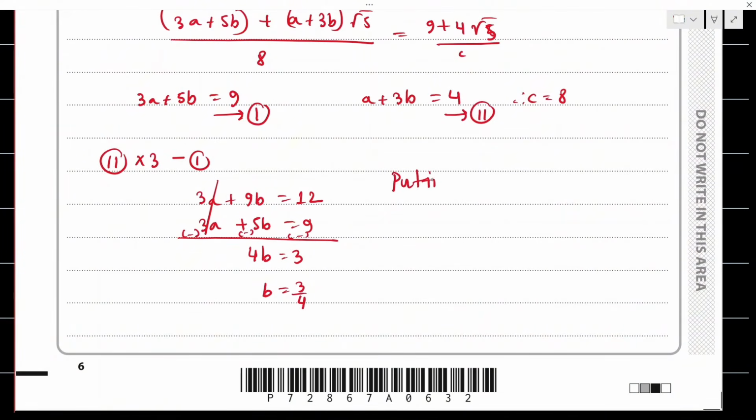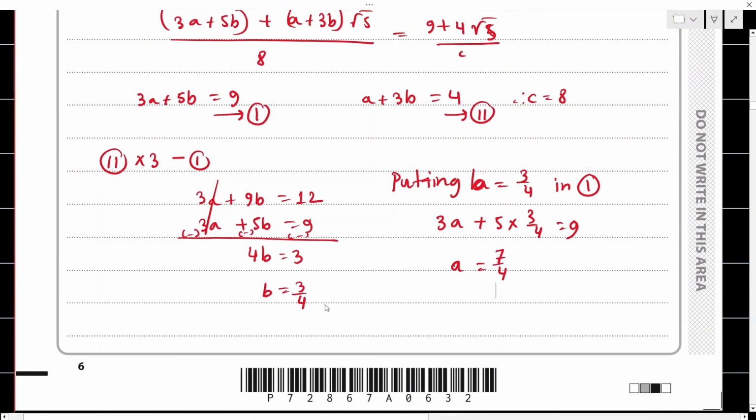We can use this to find the value of a. So 3a plus 5 into 3 by 4 is equal to 9, or a is equal to 7 by 4. So these are the two primary values of a and b.